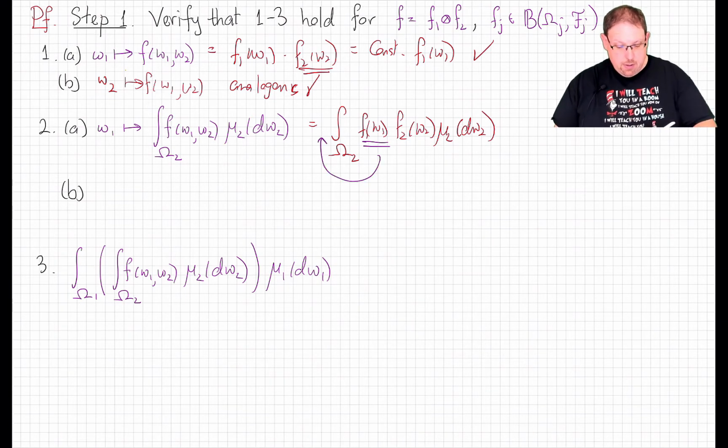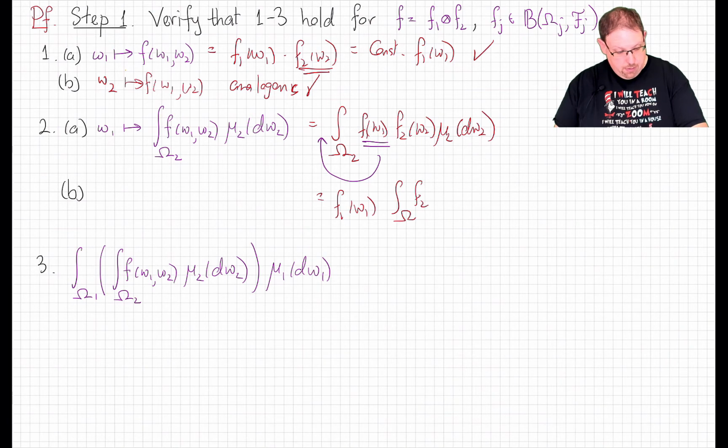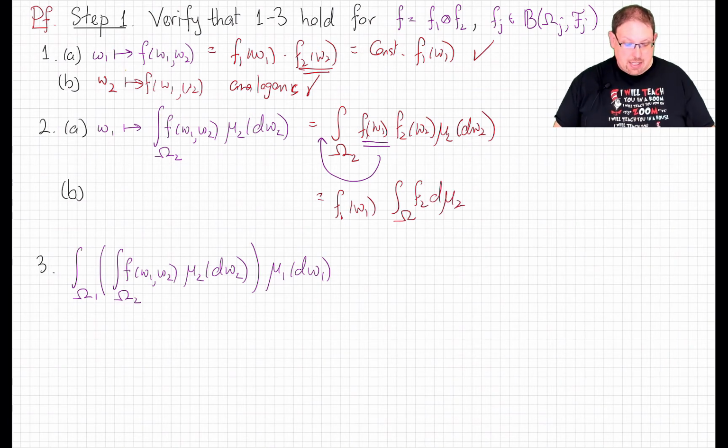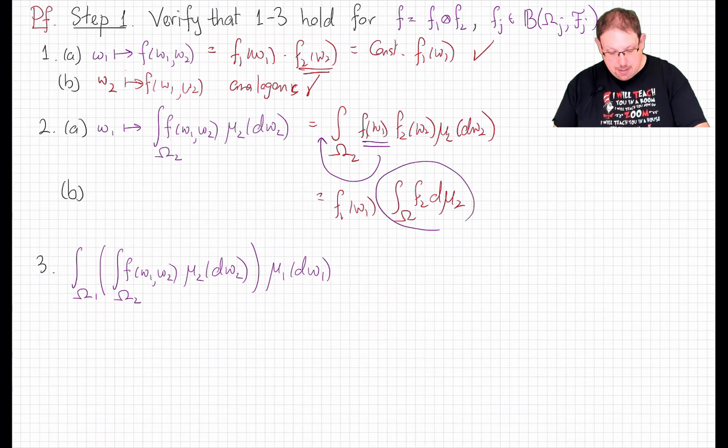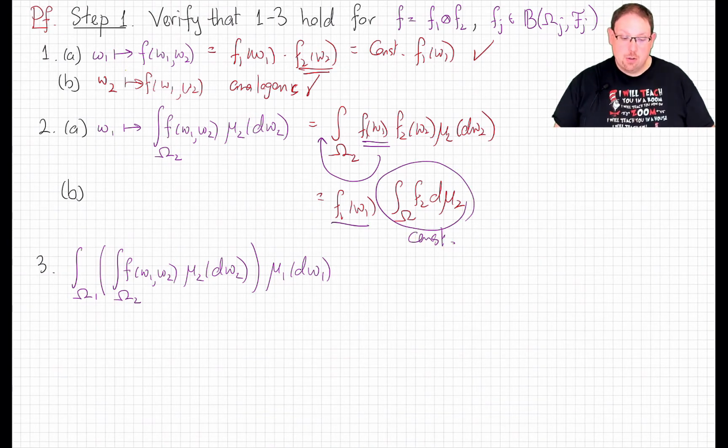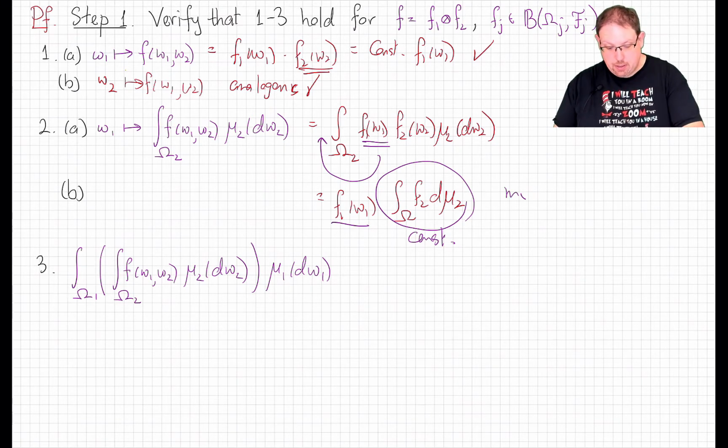And we know that the integrals are linear, so we can pull that out. So this becomes that constant times the integral of f2. But now, thinking of this as a function of omega 1, this is just a constant, this constant, times f1, which is, again, measurable as we need it.